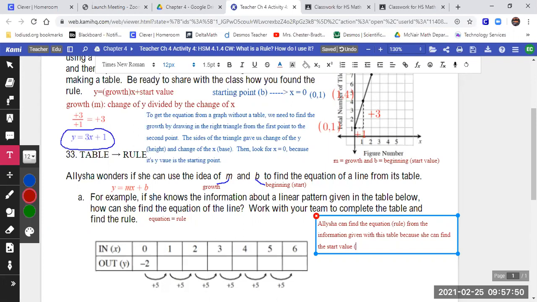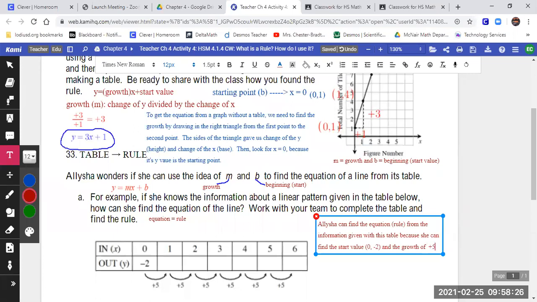Start value is going to be the 0, -2 point. And the growth of, what's our growth? What's the growth they're showing us? +5.